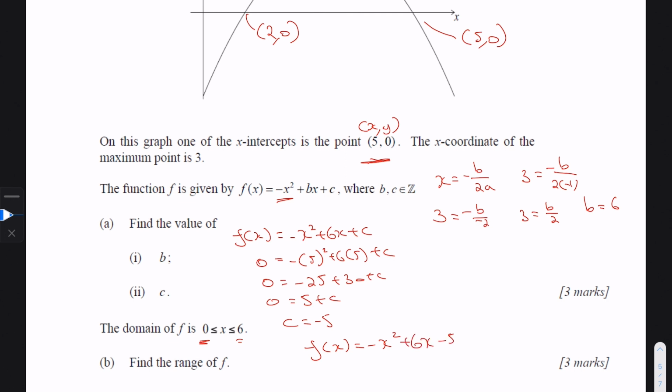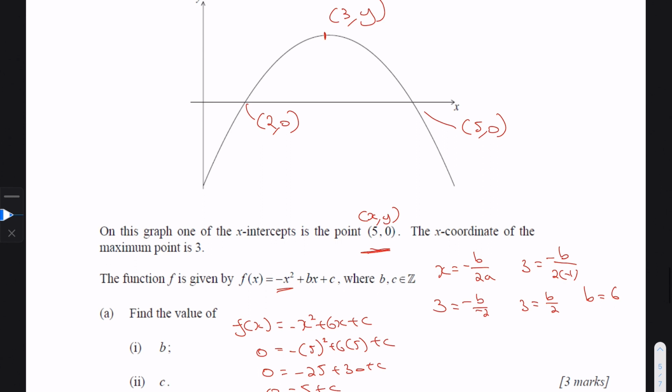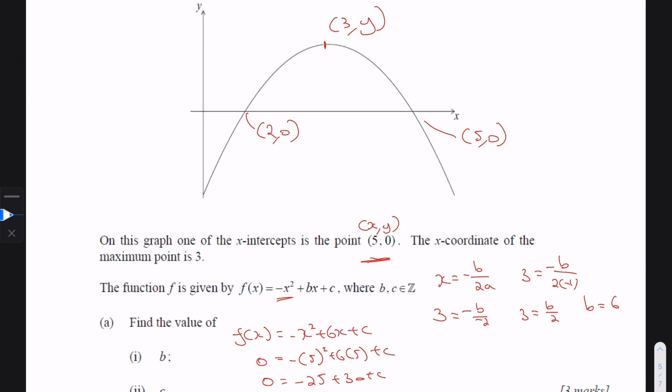We are told that we have the domain from 0 to 6, that is the domain values that are allowed. So from 0 to 6, what is my domain? My domain is from x equals 0 to 6. So what is my range? My range is my y values. What is my y value?